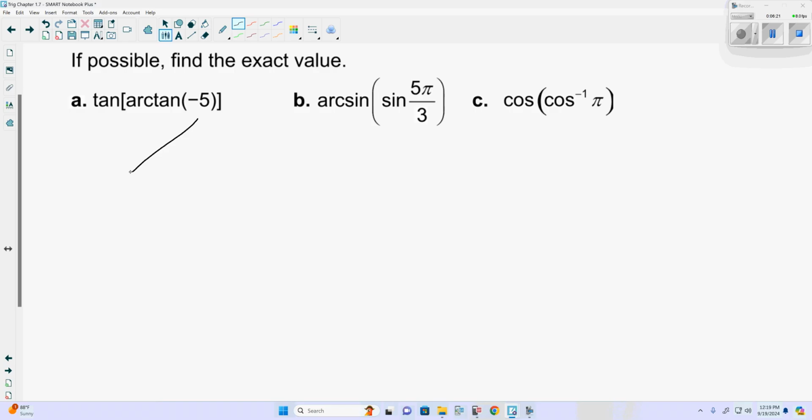I'm going to look at arctan first. If we break arctangent down, tangent inverse of our number equals an angle. This is true if and only if tangent of that same angle is equal to negative 5.